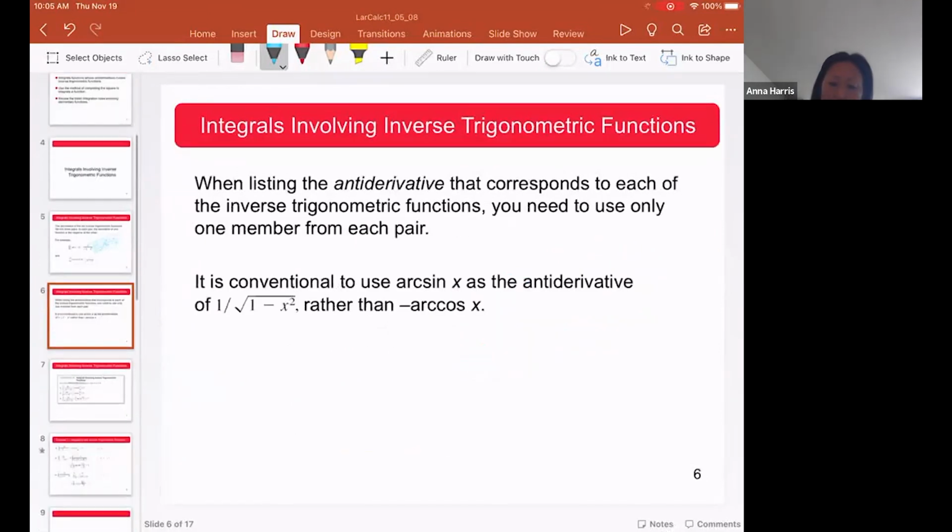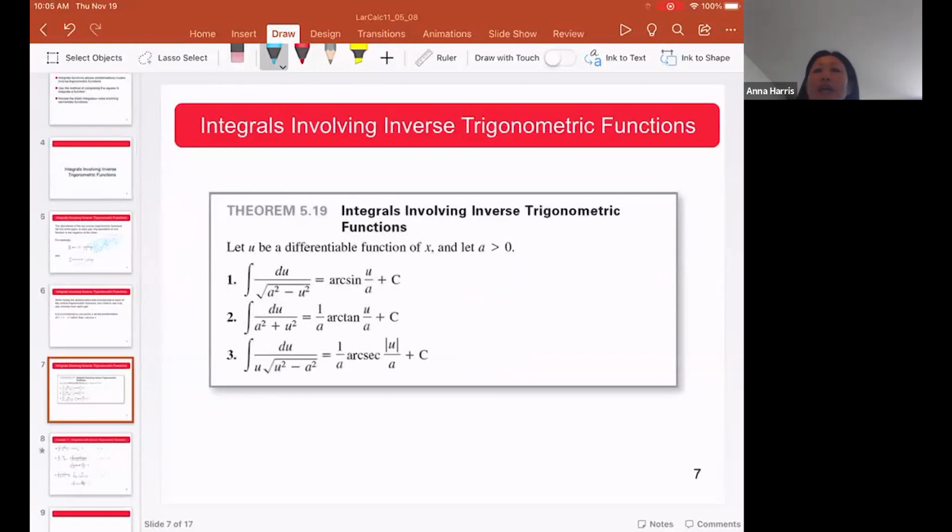So now let's look at the integration. Integrals involving inverse trigonometric functions. Now, the derivative of arcsine u was equal to u prime over square root of 1 minus u squared. Right? Now look at this.